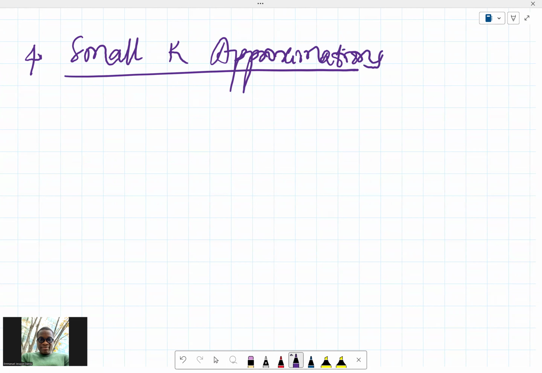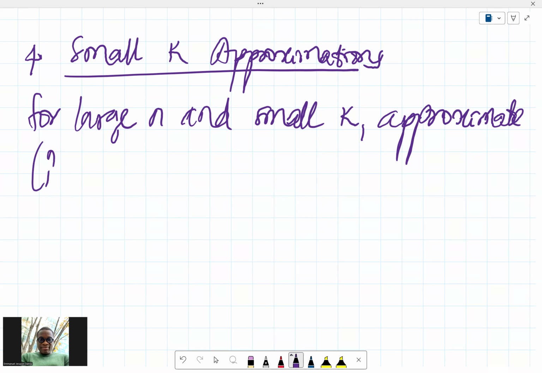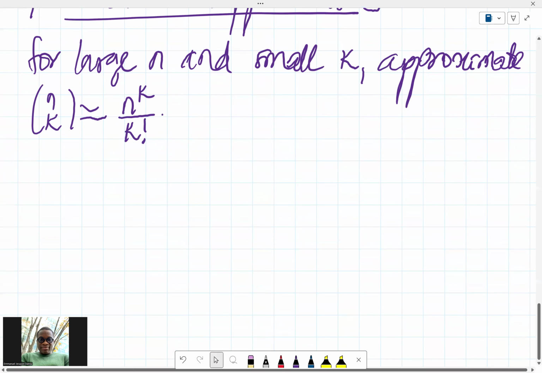For instance, for large n and small k, you can easily approximate n combination k to be something close to n raised to power k divided by k factorial when the k is small.